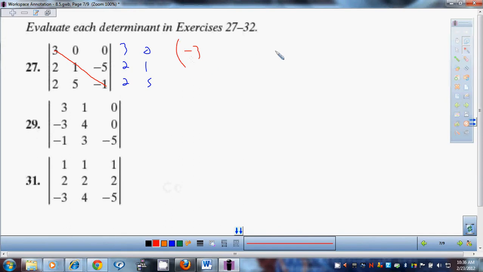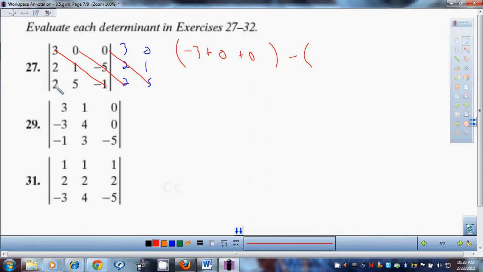Negative 3. 0 times negative 5 times 2, 0. 0 times 2 times 5, 0. You add all those together. Then you're going to subtract the product of these three diagonals.